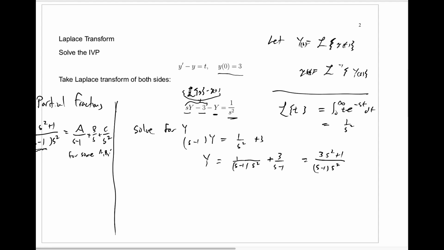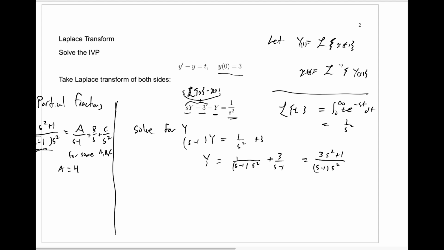A, B, and C. It's easy to find A just by the cover-up method. How does that work? We cover up this s minus 1. Imagine you've covered that up with your hand, and you plug in s equals 1 to the rest, and you get A equals 4 over 1, which is just 4. Why does that work? If you've forgotten why that works, do the following along with me.